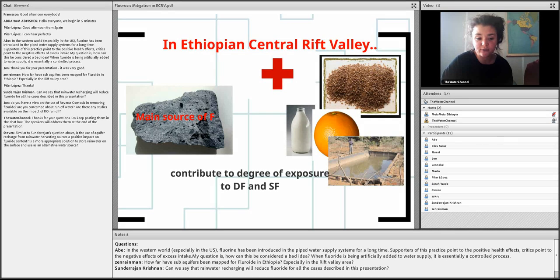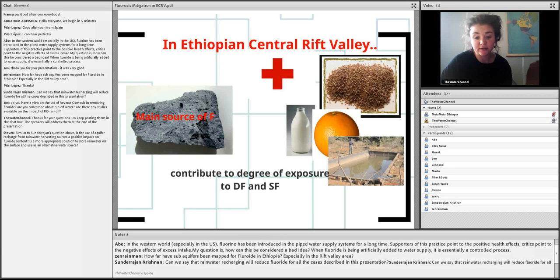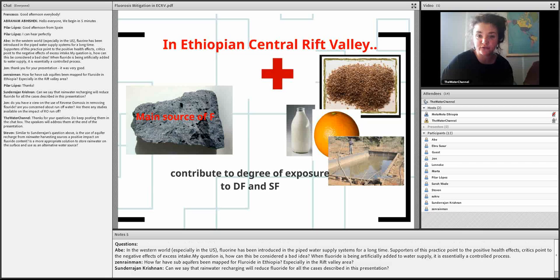For instance, one of the sources of fluoride intake is also food. It has also been shown, in particular by Professor Sushila in India in her research, that calcium intake and also vitamin intake can help to reduce the exposure to dental and skeletal fluorosis.